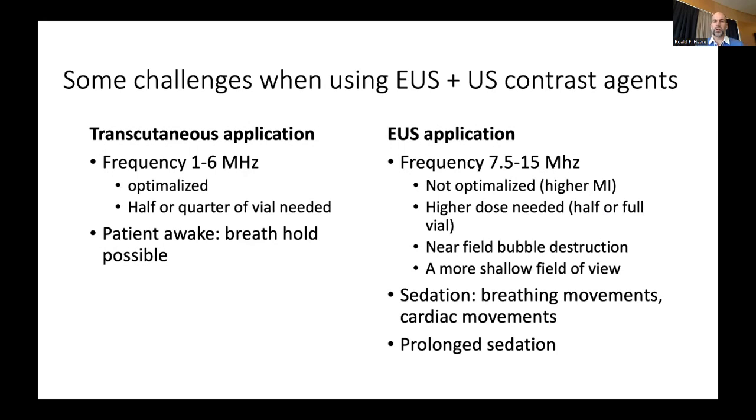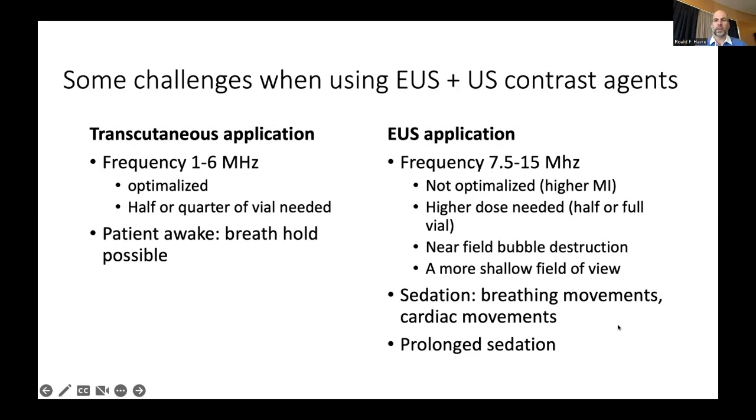So we can't just copy the settings from the external ultrasound and use it for EUS. We therefore have to kind of compensate by using a higher dose of contrast medium. Maybe you have to use a full vial, or you have to use half a vial for one examination.